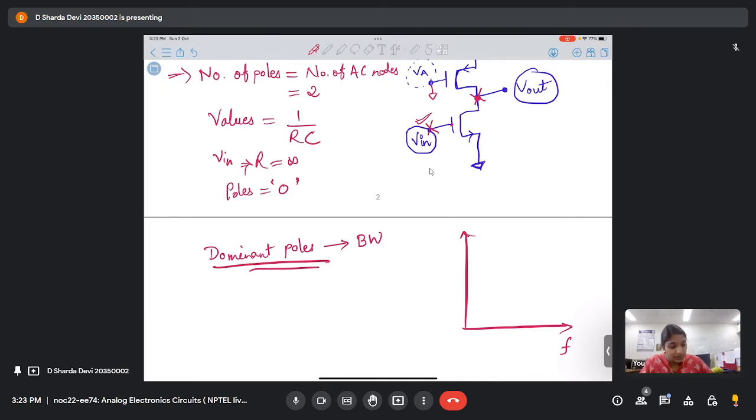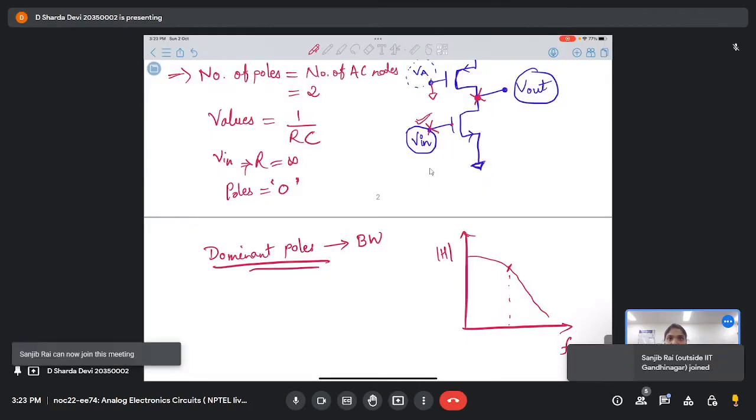So when we plot a frequency response, the first pole is the one which will give you this particular dip that we get. After this, whatever pole comes, your dip will get sharper and sharper.